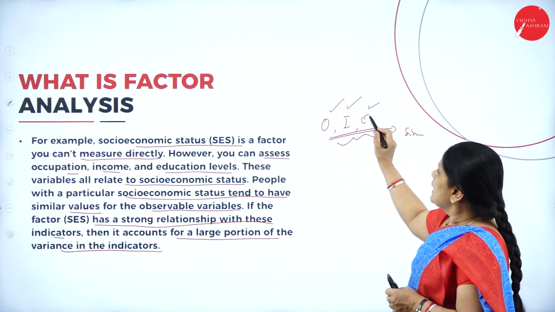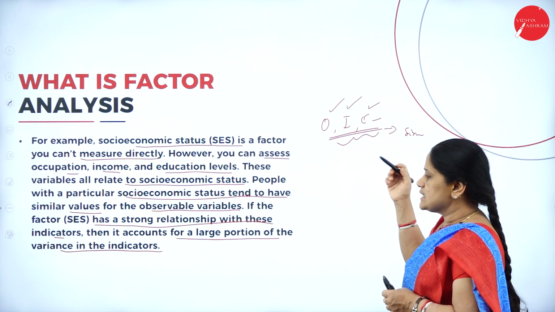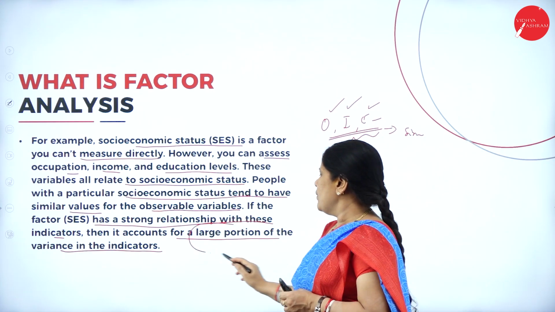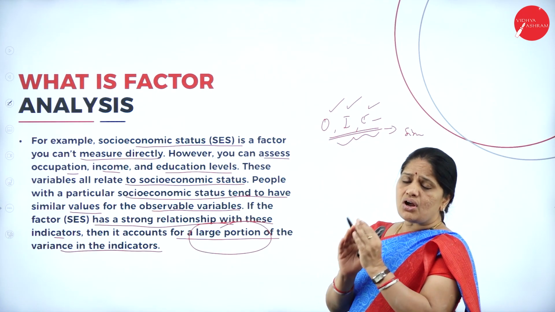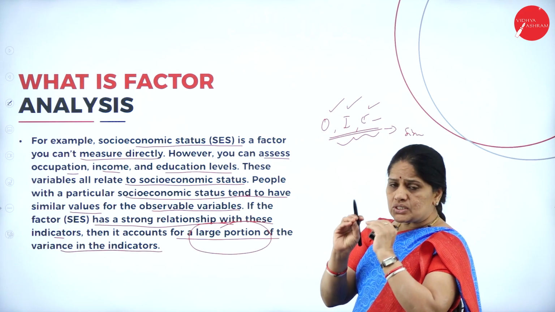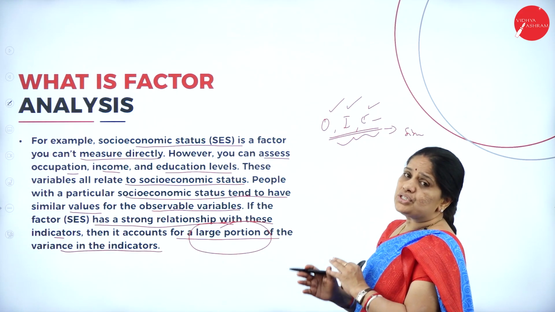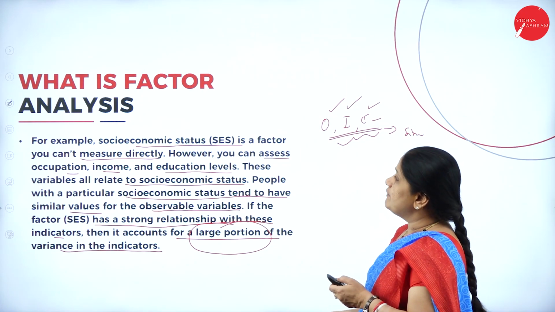So, all the numbers which you have assigned for occupation, income and educational status account for a large portion of the variance in the indicators. That is, there is a strong relationship between the socio-economic status of the people and their occupation, their income level and their education level.